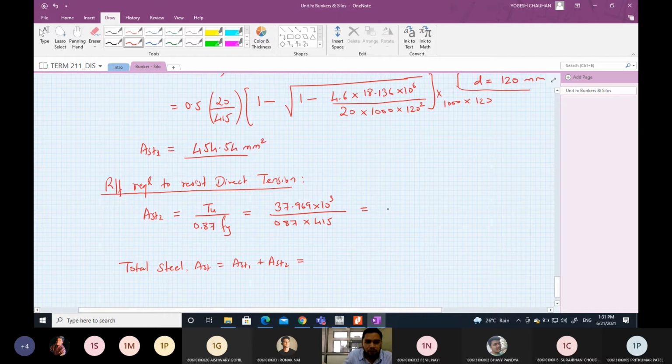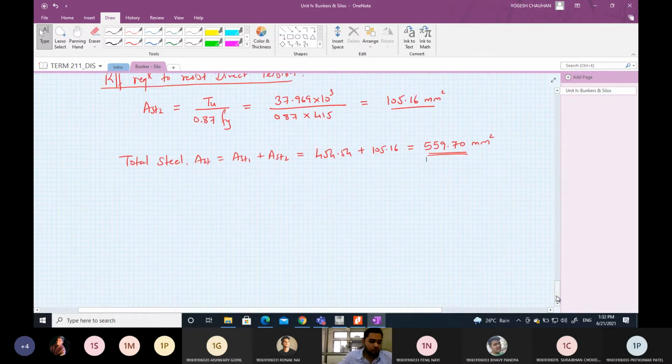Someone can just verify this value. 105.16 mm square is AST2. So the sum of these two, 454.54 plus 105.16, will give you 559.70 mm square.